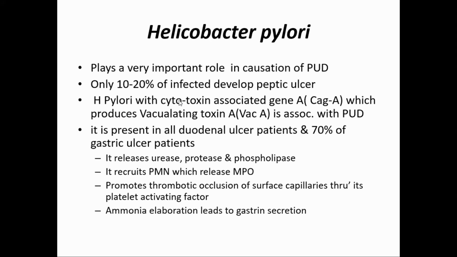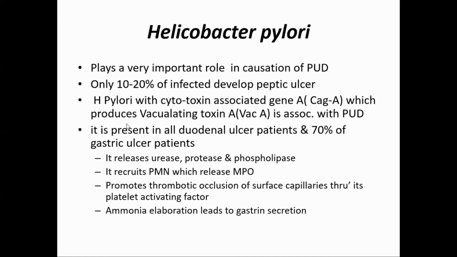Those strains of H. pylori which have the cytotoxin associated gene, that is CAG-A. C means cytotoxin, A means associated, G means gene. CAG-A produces a vacuolating toxin, that is VAC-A. It is associated with peptic ulcer.